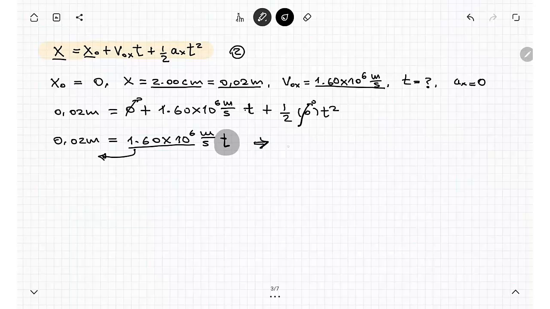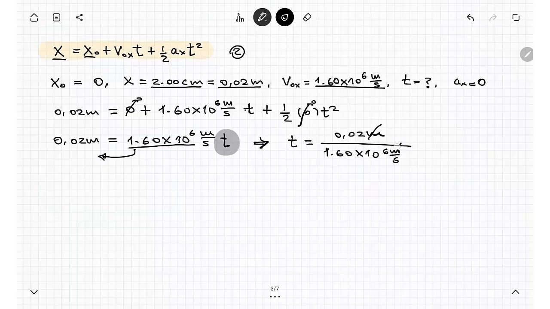So we have t equal to 0.02 meters divided by 1.6 times 10 to the 6th power meters per second.